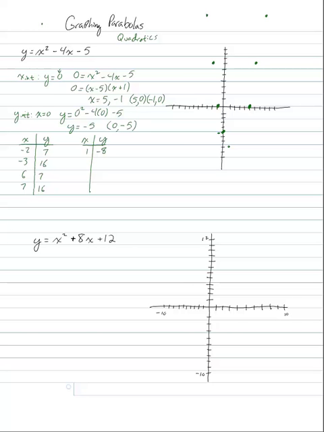If I put in 2, 2 squared is 4, minus 8 is negative 4, minus 5 is negative 9. So it's not going down as fast as it was going up. I'll get (2, negative 9). If I put in 3, I get 9, minus 12 is negative 3, minus 5 is negative 8. Again I've got a pattern: the same y value again. If I put in 4, I should get negative 5.